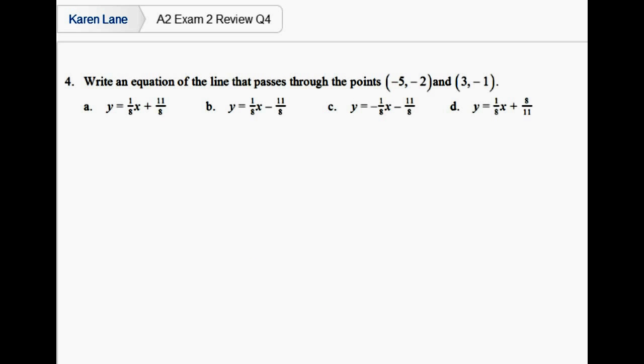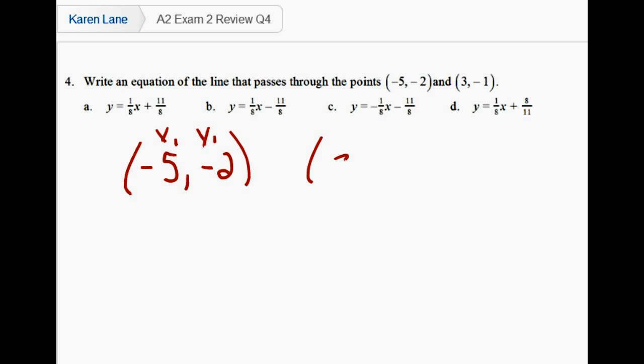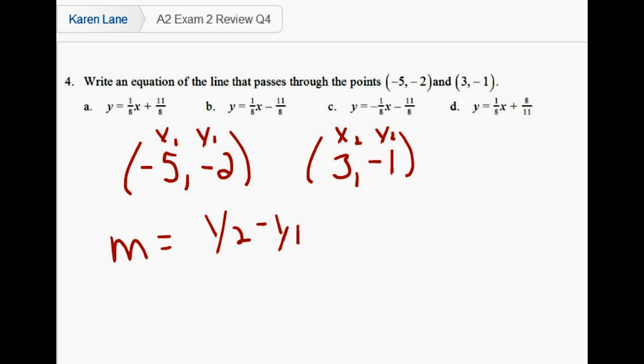Write an equation of the line that passes through the points -5, -2, and 3, -1. First, we need to find the slope of the line that passes through those 2 points. So -5, -2, we'll call it x1, y1. And 3, -1, we'll call x2 and y2. The slope formula is y2 minus y1 over x2 minus x1.